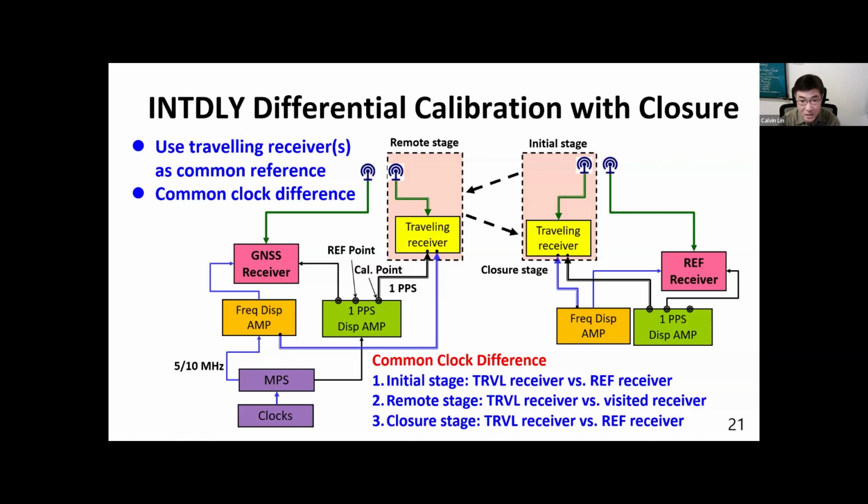At the initial stage, we record the difference between the travel receiver and the reference receiver. At the remote stage, we record the difference between the travel receiver and the visited receiver. And at the closure stage, we measure the travel receiver minus the reference receiver again.